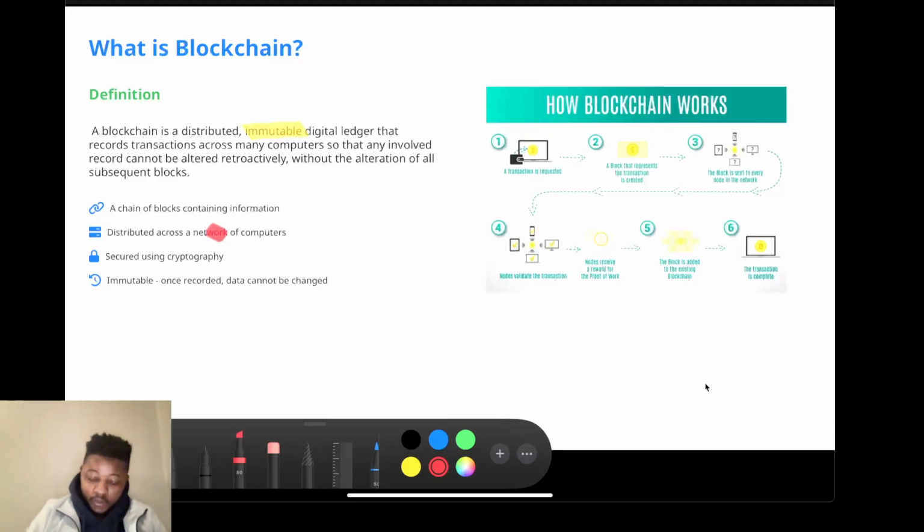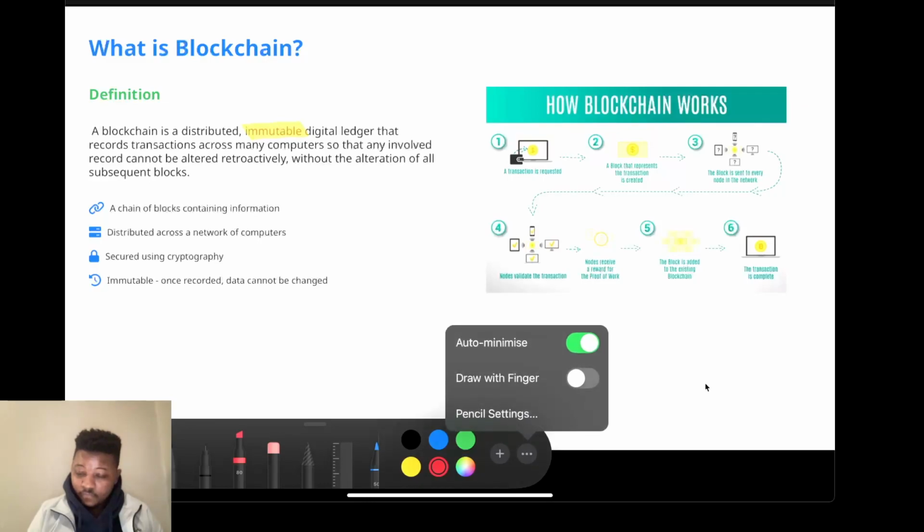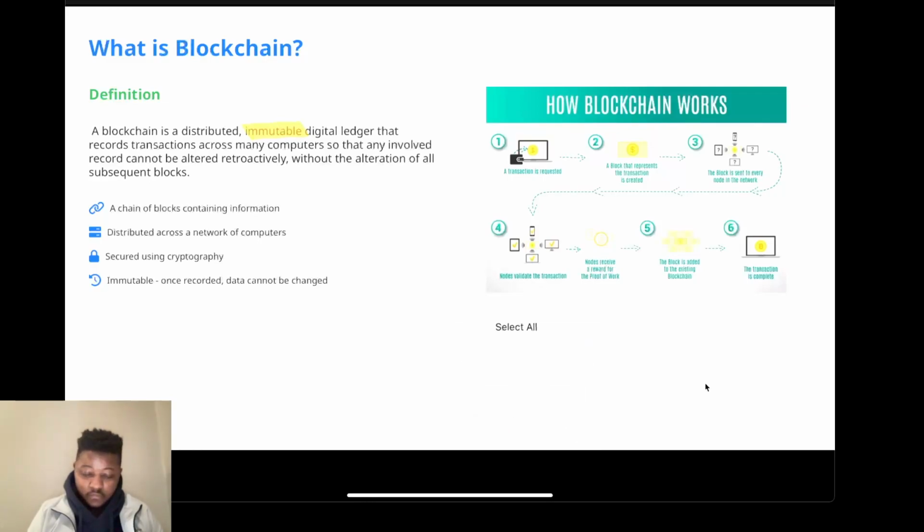Basically, blockchain is shared and secured using cryptography. Then it's immutable, which is this part. You can see from this part that you initiate your transaction, and it is propagated into the network.